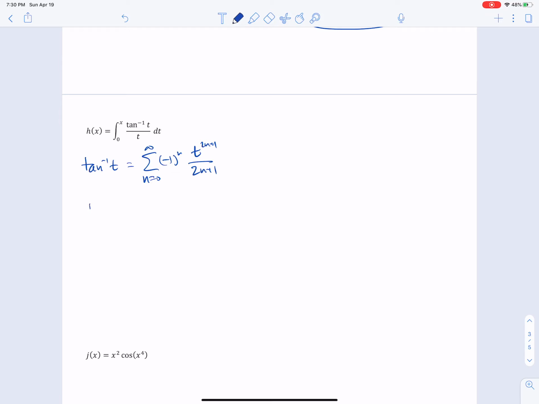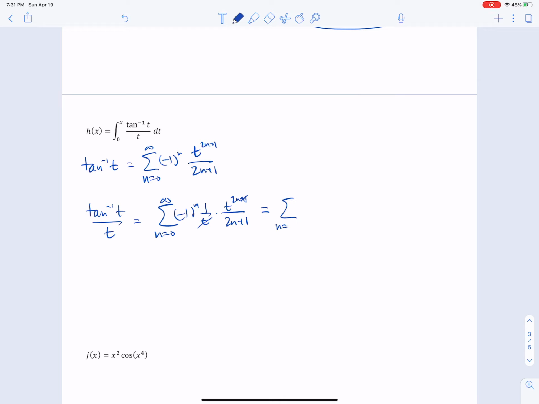And so tan inverse of t over t, I can just divide each term by t, and that's going to cancel out 1 power from the numerator.